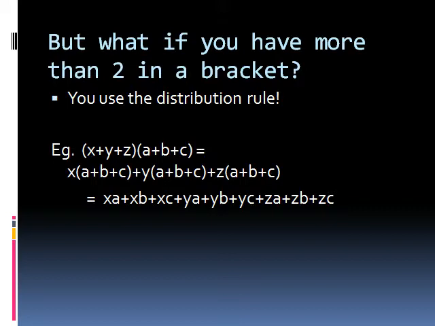So if you look at the line below, with the distribution rule, we can rewrite this as x times a plus b plus c plus y times a plus b plus c plus z times a plus b plus c. This, after the distribution rule, will equate to x times a plus x times b plus x times c plus y times a plus y times b plus y times c plus z times a plus z times b plus z times c.